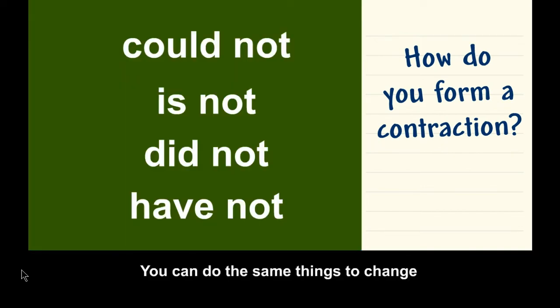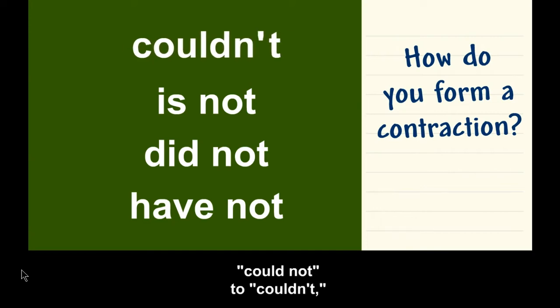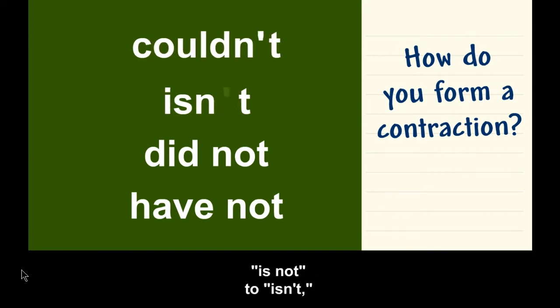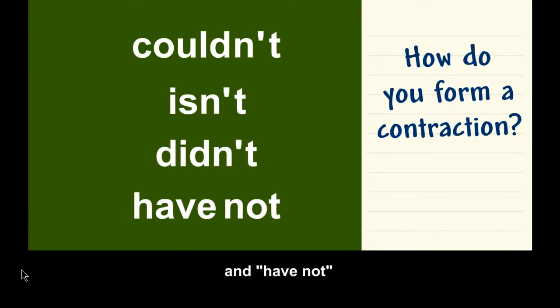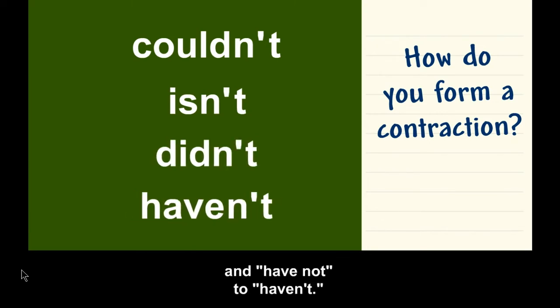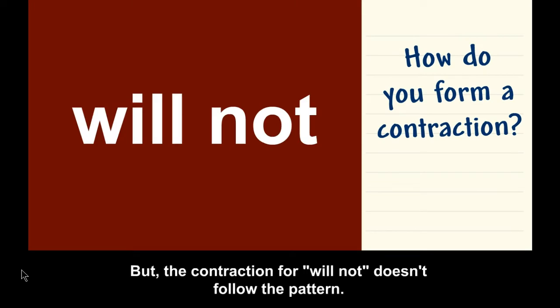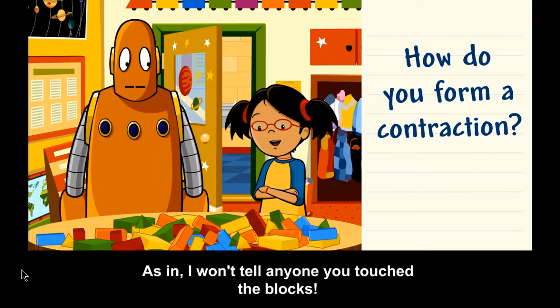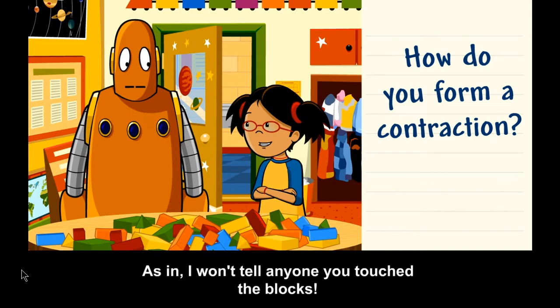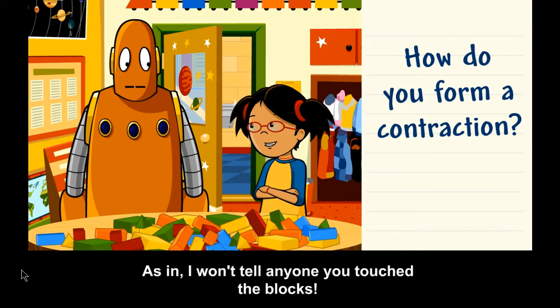You can do the same things to change could not to couldn't, is not to isn't, did not to didn't, and have not to haven't. But the contraction for will not doesn't follow the pattern. Its contraction is won't. As in, I won't tell anyone you touch the blocks.